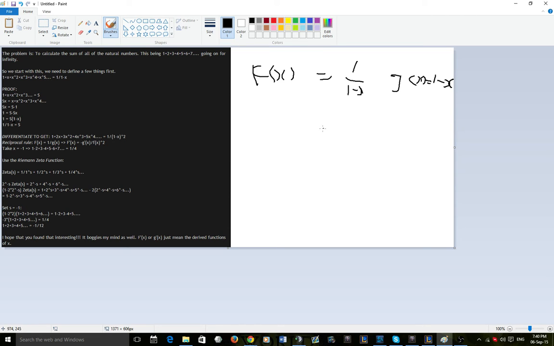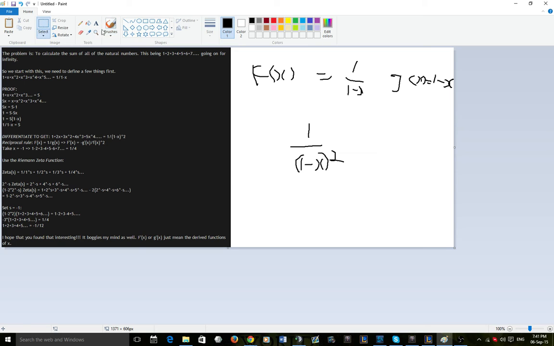It's left with, because the 1 is removed, negative x is just negative 1. But since it's negative derivative, you just get 1, over g of x squared, so 1 minus x squared.